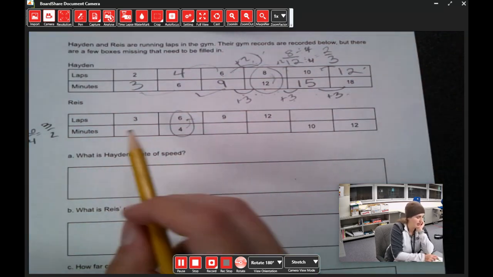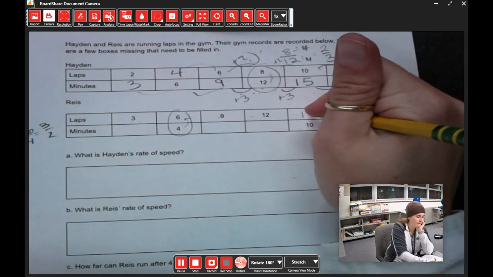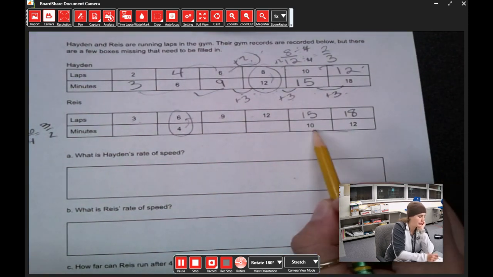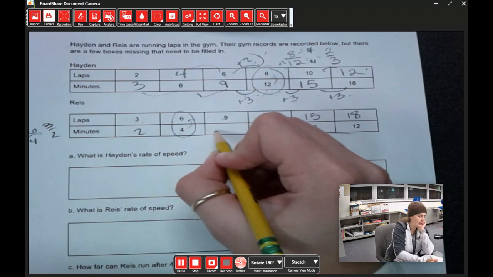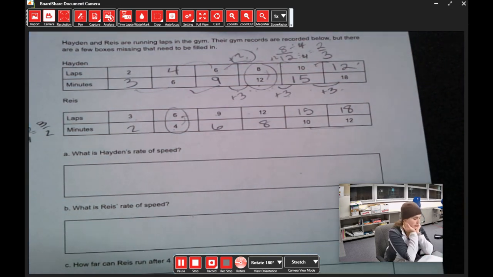That's kind of gross, but I see 3, 6, 9, 12, 15, 18. And this is counting by 2s. 2, 4, 6, 8, 10, 12. That all works out really nicely. So I'm going to assume that there are no missing pieces in that one either.